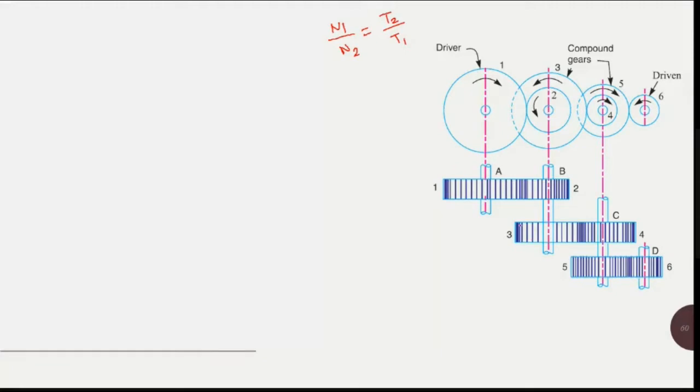Next, gear 3 is meshing with gear 4, which means I can write N3 by N4 is equal to T4 by T3. This is for the second part. Third one, gear 5 is meshing with gear 6, so I can write N5 by N6 is equal to T6 by T5.